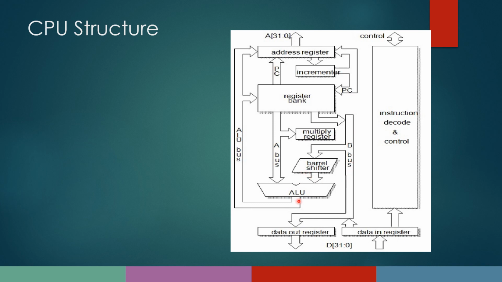For getting the output back we have a data out register, and for giving the input we have a data in register, and also for fetching the address we will have an ALU bus, so that we get the fetching of the address and also take the data from the register bank, and finally an instruction decode and control unit.